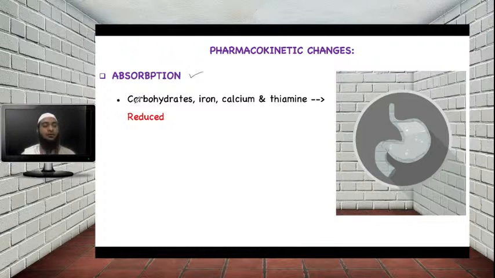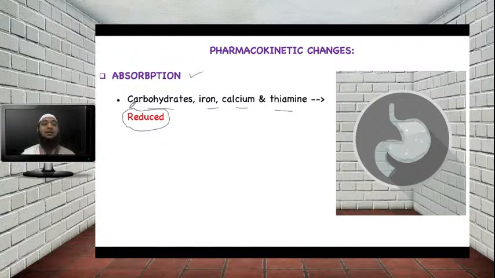For example, if the drug is polar, meaning water soluble, such as carbohydrates, iron, calcium and vitamins like thiamine, then it is observed that the absorption of water soluble or polar drugs is reduced in elderly patients.